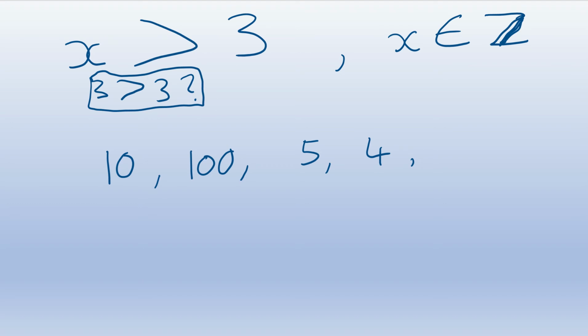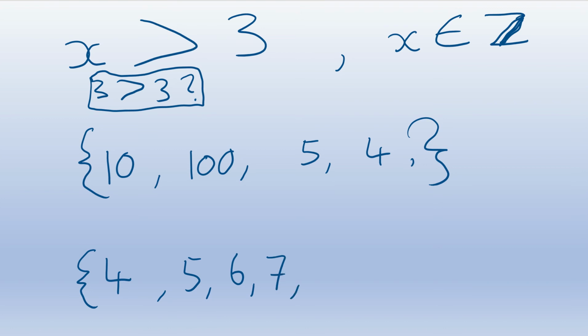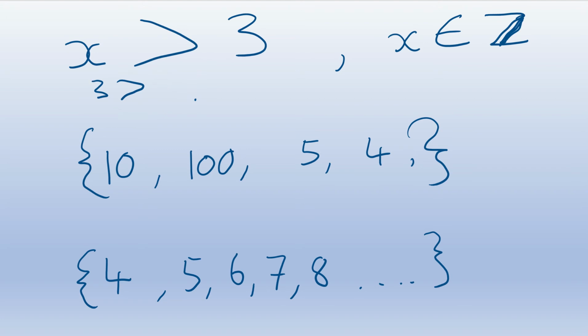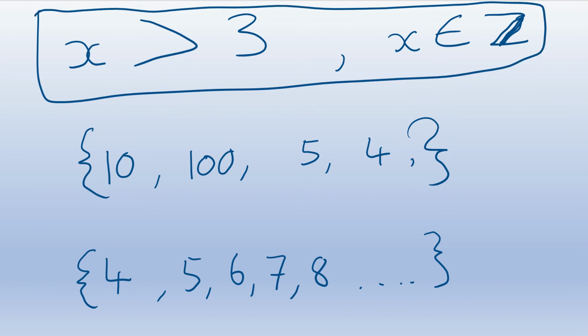So in this case here, if we were to line up all of these numbers here in order, the smallest number that will be in that set is 4, then 5, then 6, then 7, then 8, and all the way up. 3 will not be a part of this set here, and let me just get rid of that. 3 will not be a part of this set here because 3 is not greater than 3.